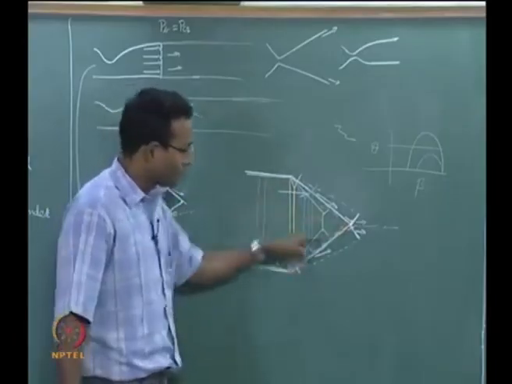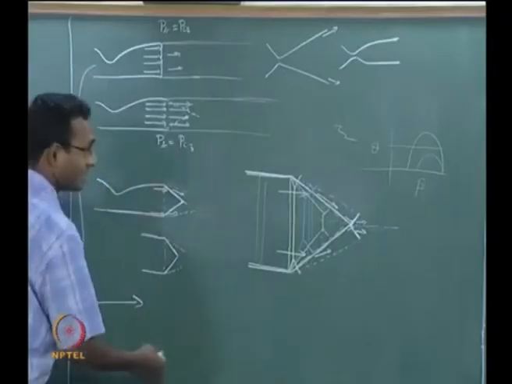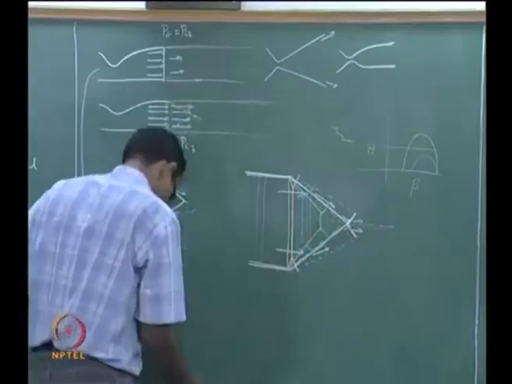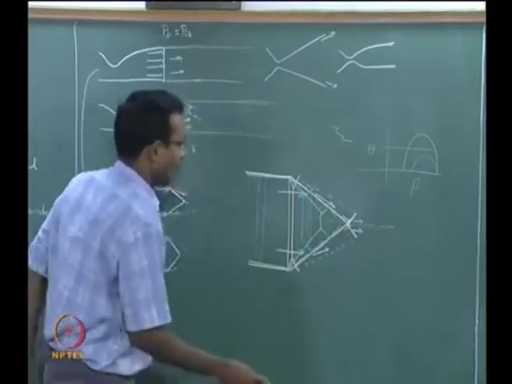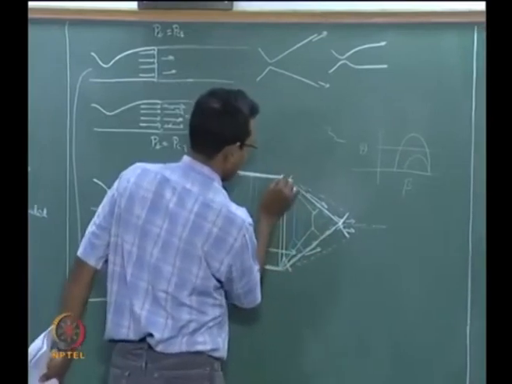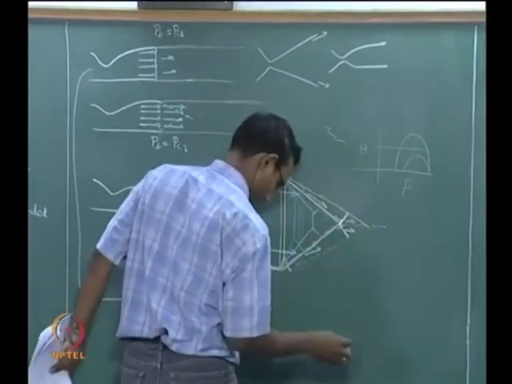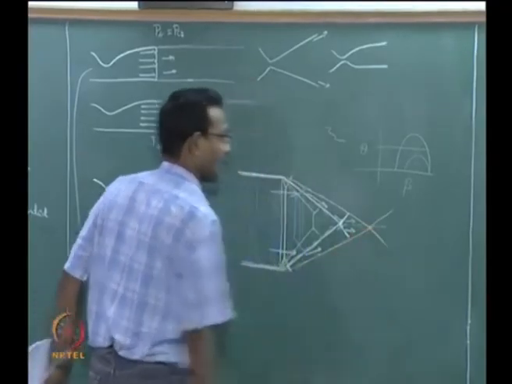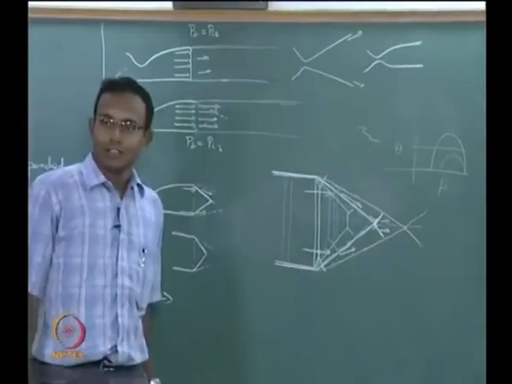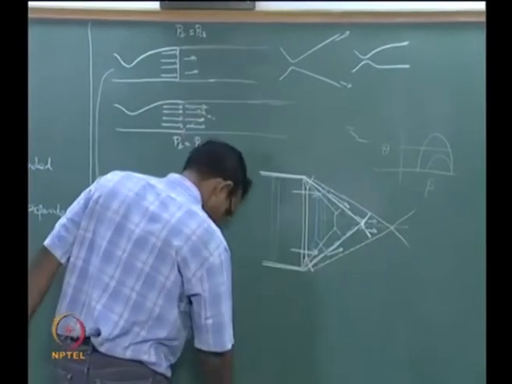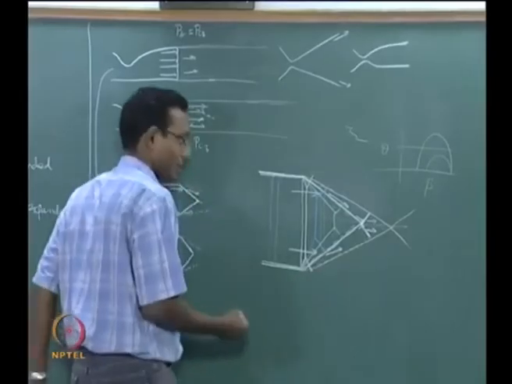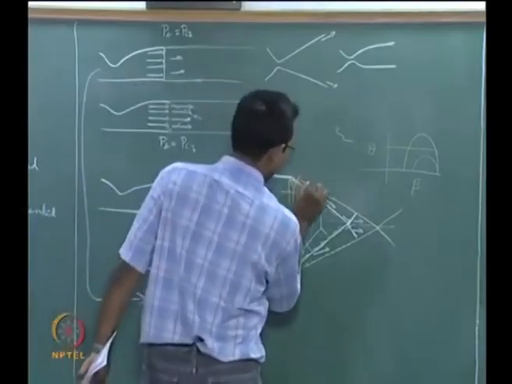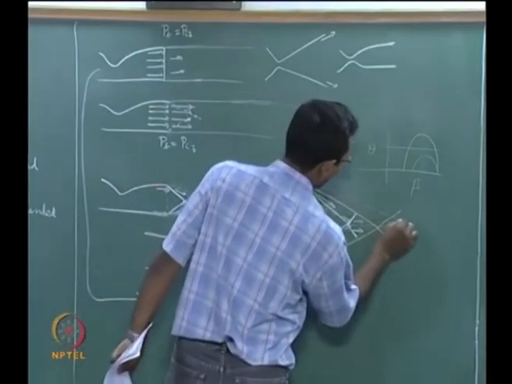And beyond this point I keep on going, let us say I will again start using colors. I will start using orange, I will go in the same order. If I decrease pressure further, then my oblique shock may become this. There will be a point where if I decrease further, my oblique shock will become so weak that it will be just a very weak wave, my Mach wave.